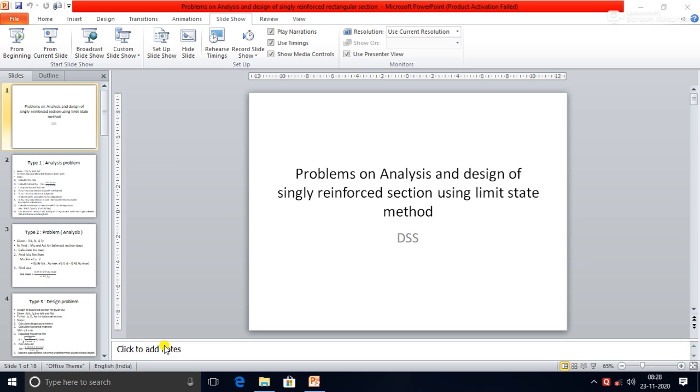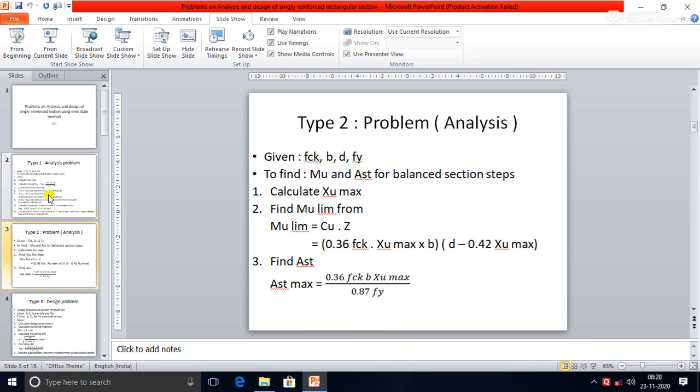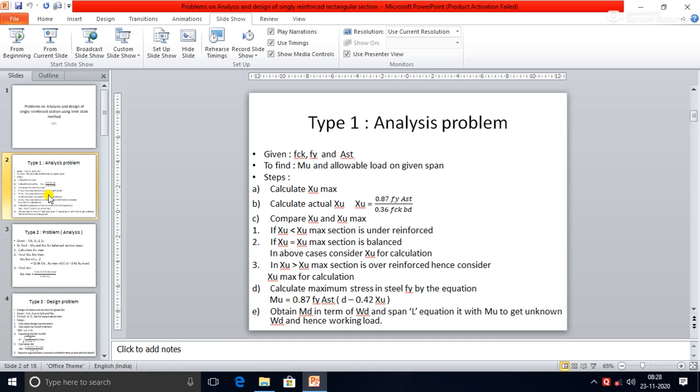So we will start with the analysis problem. That is, the first one is the analysis problem. In such types of problems, the first given data is fck, that is the concrete grade, and fy, that is the steel grade.